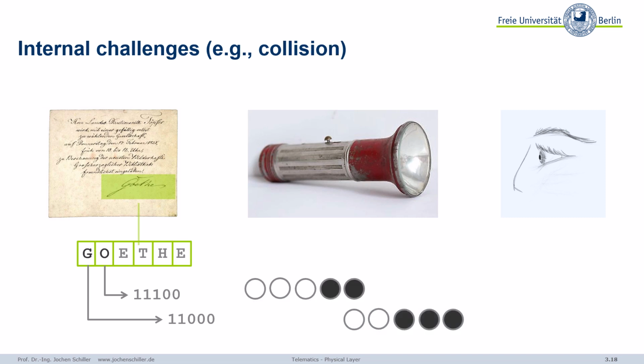Then we have problems like collision. How can this happen? So you send data. For example, you send first your G, then your O, whatever, and they may overlap. How can this happen? Well, think of that we use here electromagnetic waves, our light, and they travel at a certain speed.